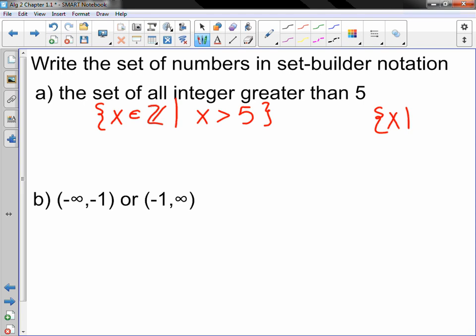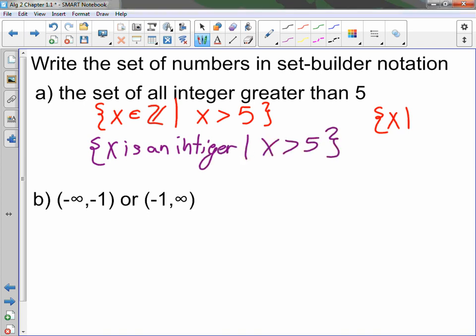I believe the textbook will use X is an integer such that X is. That's possibly how the textbook's going to do it. So I will double check and see when they put these in your answers to see how they line up.